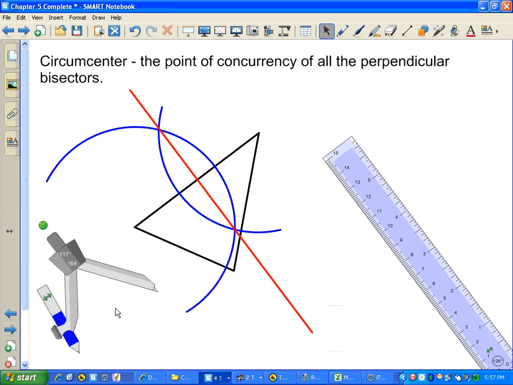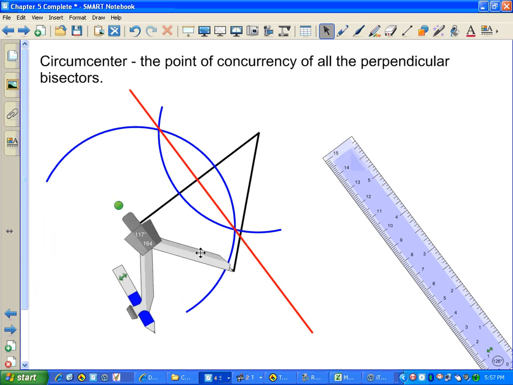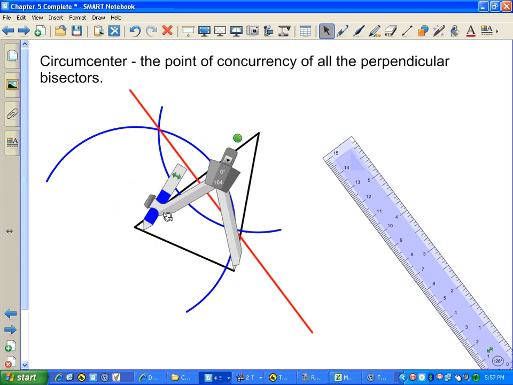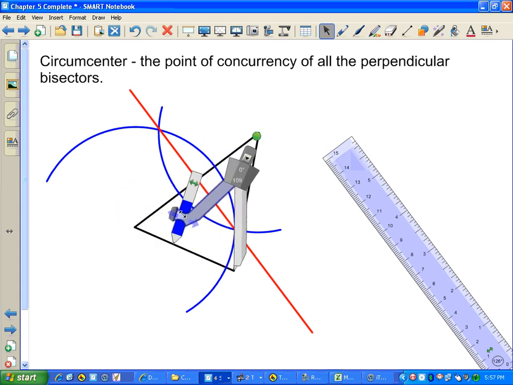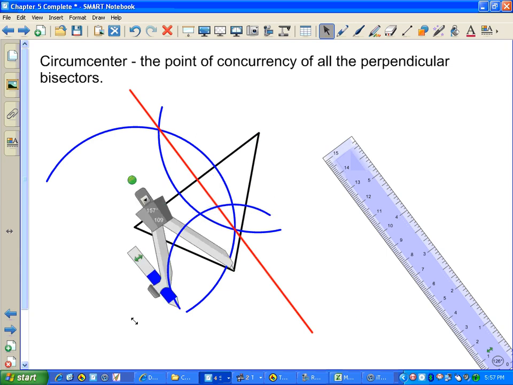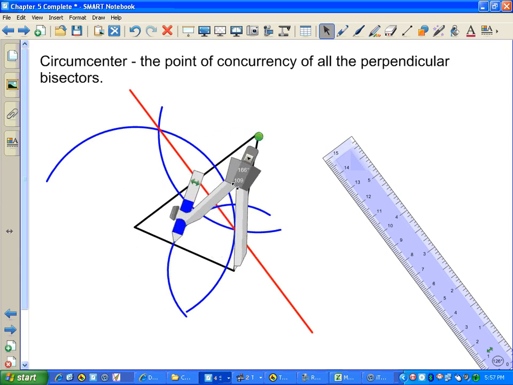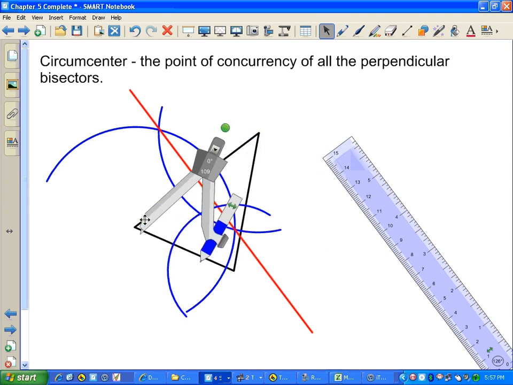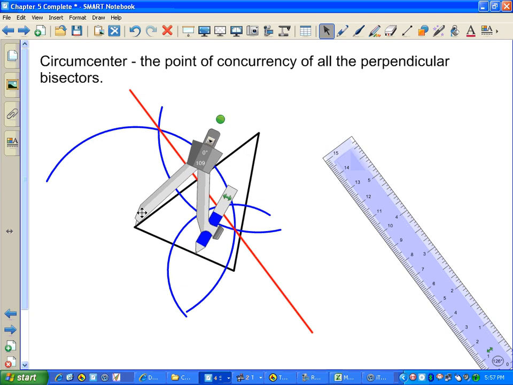So I've done this side, now I'm going to do the next side. So I'll do the bottom side here. Okay, I don't need it quite so big. Just more than half, so let's go there. There's a circle from there. Make the same circle from the other side.